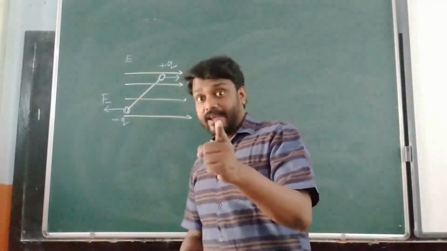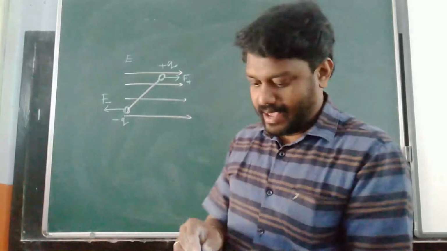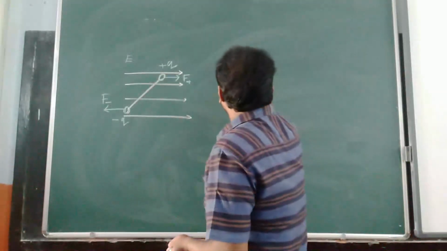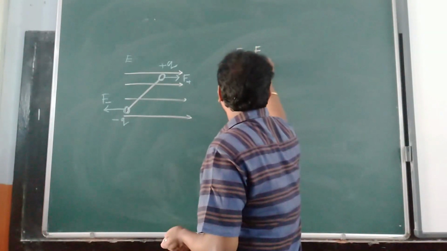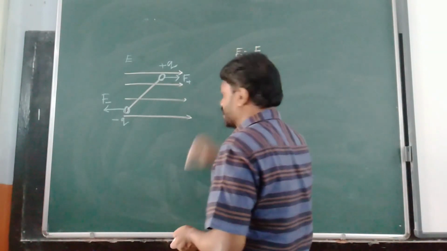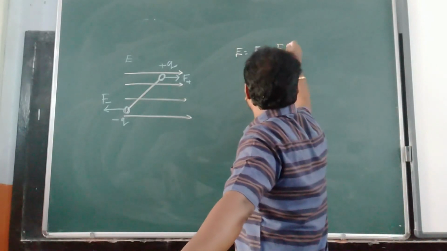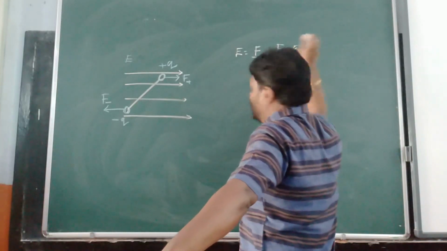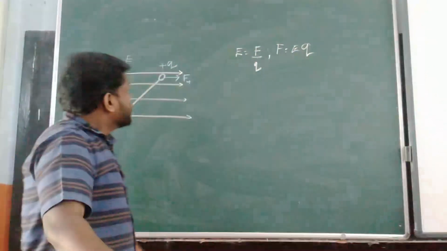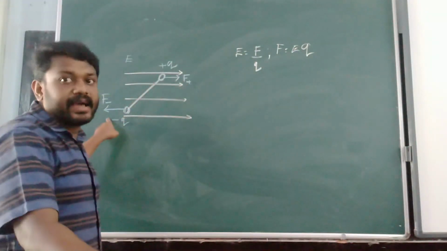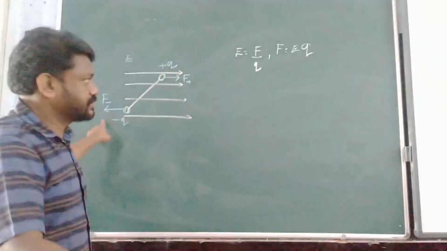And yesterday I told you a relation between electric force and electric field intensity. Electric field intensity E is equal to electric force divided by charge. So electric force F is equal to E into Q. So we can calculate F plus and F minus, the forces experienced by the plus Q charge and minus Q charge.